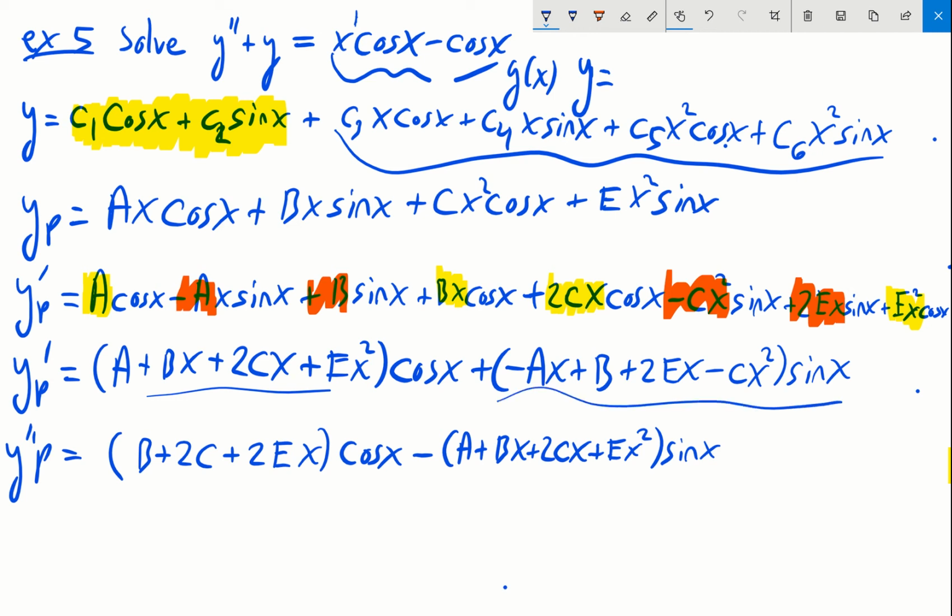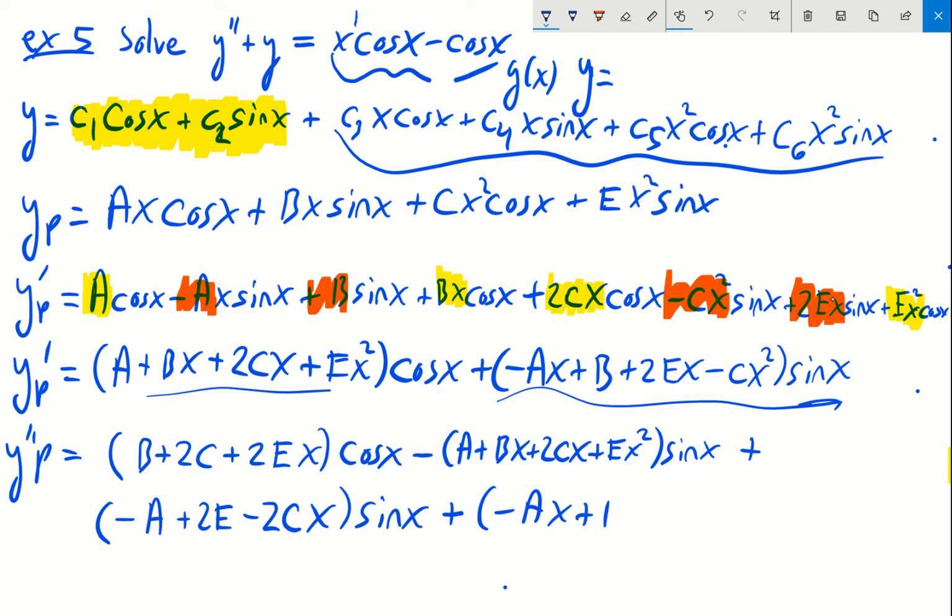And now this will be another product rule plus the derivative of the first part is going to be a negative a plus 2e minus 2cx sine x. And then plus, now leave the first part alone, derivative of sine will be cosine. So this would be a negative ax plus b plus 2ex minus cx squared cosine of x.